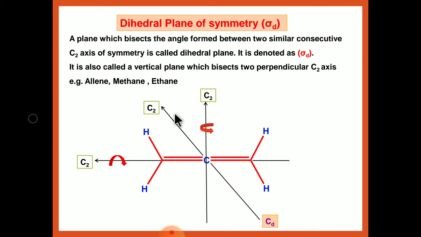The dihedral plane is passing in between these two C2 axes in this way. So likewise there are two dihedral planes, one passing in this way and the second passing in this way. So we can also check these dihedral planes in the 3D diagram.